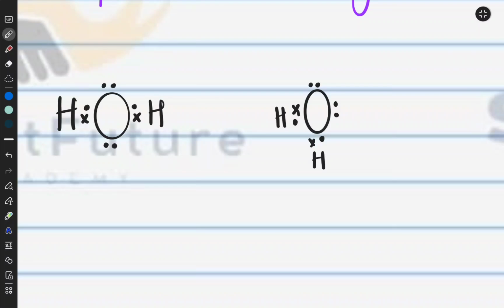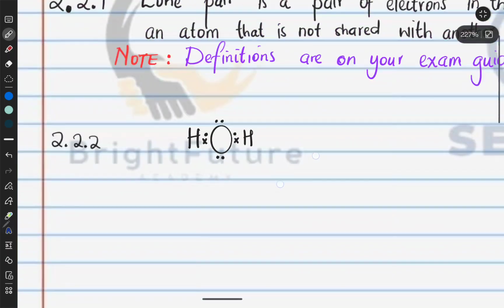If you count the number of bonding pairs in my first one and the second one, you'll find the same thing. If you count the number of lone pairs, they are the same, but the arrangement is not the same. So don't be worried if you had done it like this and I do it like this. It's the same thing, right? So just know that.